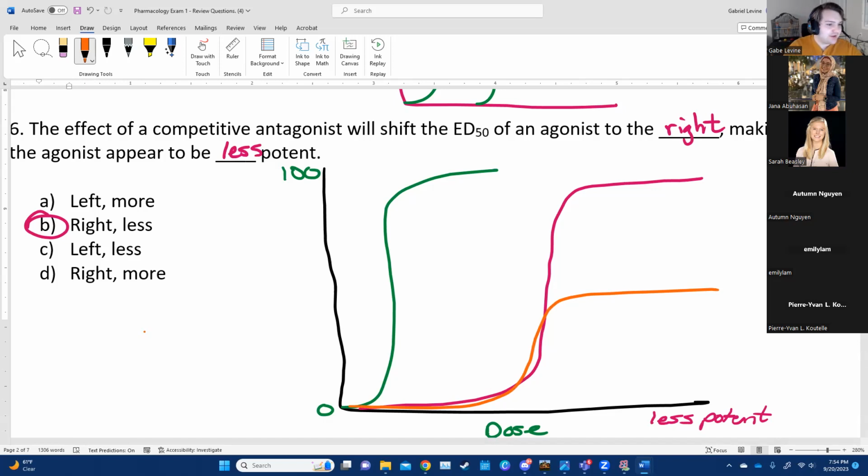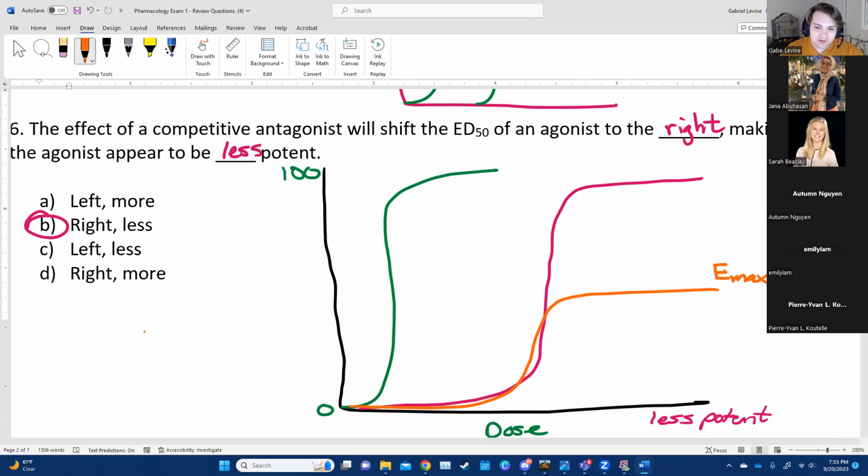So if you have 100 receptors and you've inactivated 70 of them, it looks like you only have a 30% response. And so the Emax will decrease, right? With the partial. Exactly. So a non-competitive will decrease Emax, whereas a competitive will make it look less potent.